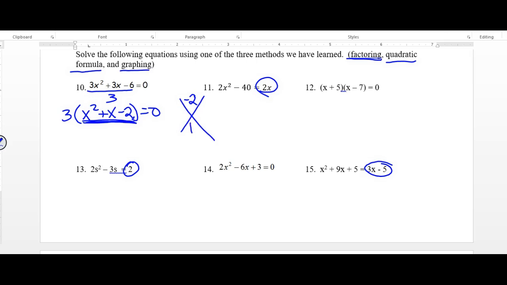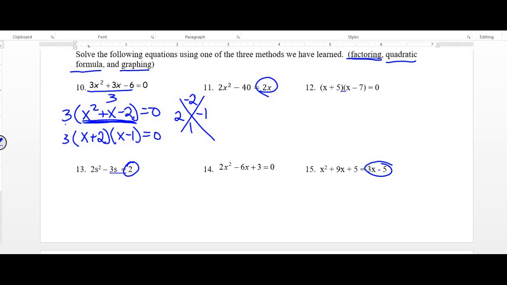So when I multiply 2 times negative 1, that gives me negative 2. If I add 2 times negative 1, that gives me 1. So my factors, x plus 2, x minus 1. We bring down our GCF of 3, and it equals 0.